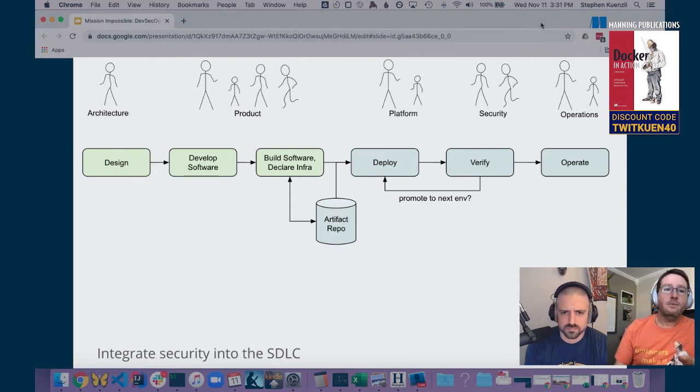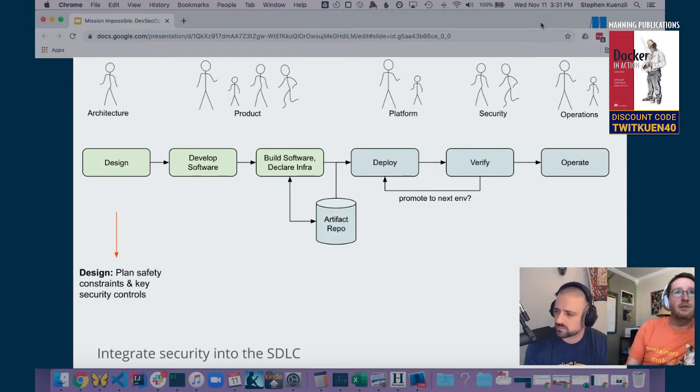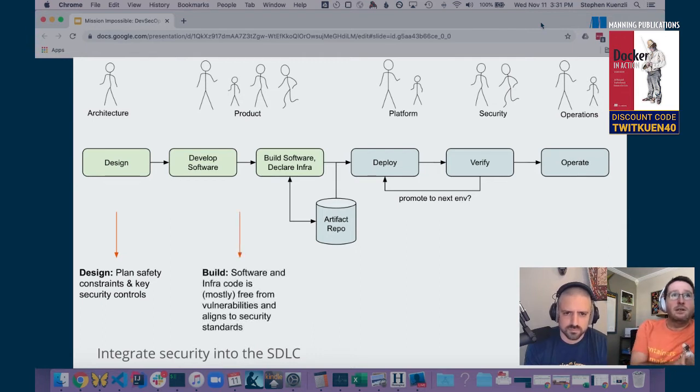So in the design phase, we expect to plan our safety constraints and key security controls. And good design here sets the project up for success and eliminates a lot of rework and late surprises. We expect the build phase to produce software and infrastructure code that is mostly free from vulnerabilities.